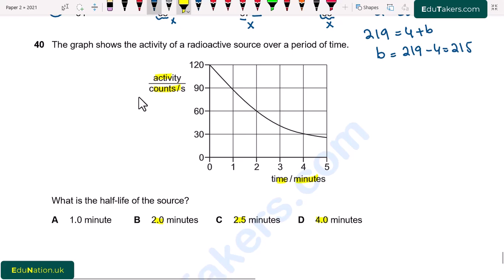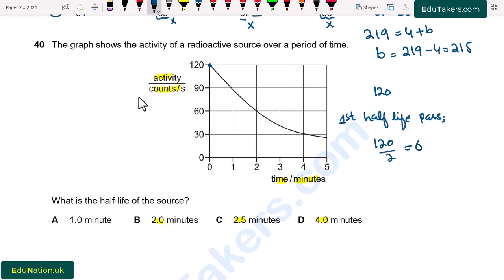So first of all, half-life is a time during which half of the amount decays. It means if I suppose that original count rate is 120, then when first half-life passes, this count rate becomes half. It will be 120 over 2, which is 60.